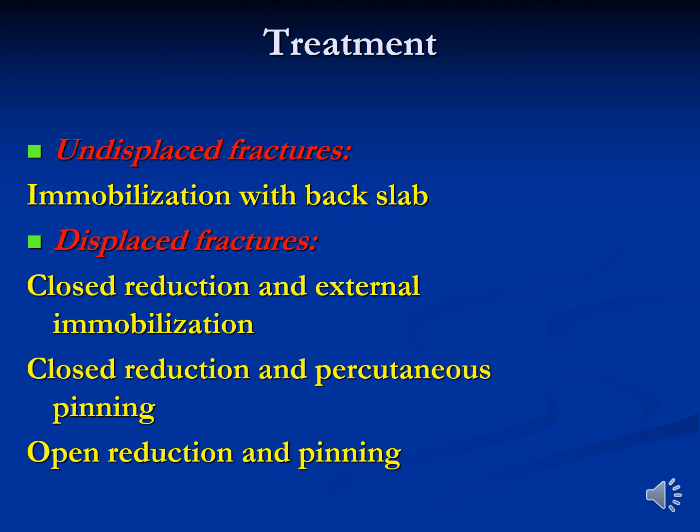If the reduction is not attained, I can do closed reduction and percutaneous pinning using smooth pins. If I did several trials for closed reduction and the reduction is not attained, I can do open reduction and pinning also.